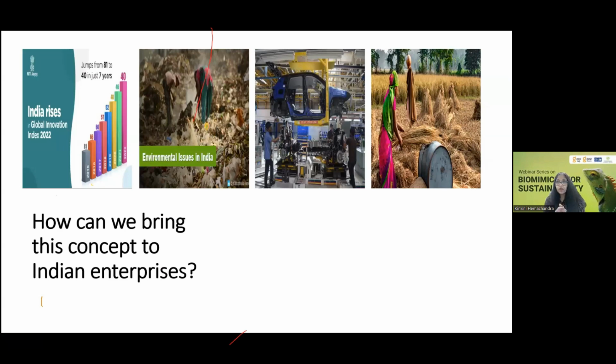Not only Sri Lanka, but also the Indian context. India rises in the Global Innovation Index in 2022. You can see there are a lot of innovations going on in India. At the same time, sadly, India, Sri Lanka, in many parts of the developing world, we all are suffering with so much of environmental problems, right?